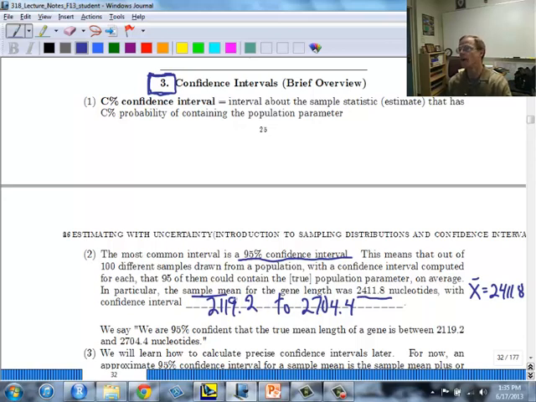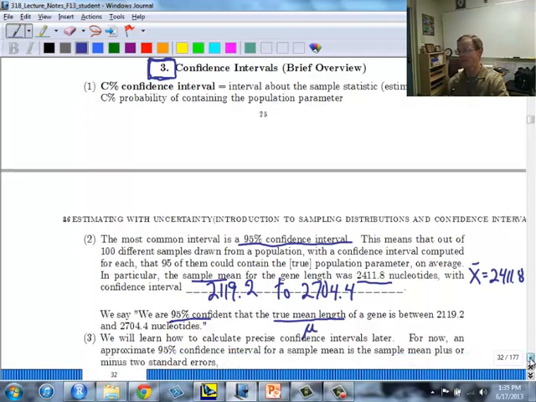Now, what that means is we're 95% confident the true mean length, not an x bar, the actual mu of a gene, is in that interval, 2120 to 2700, roughly.